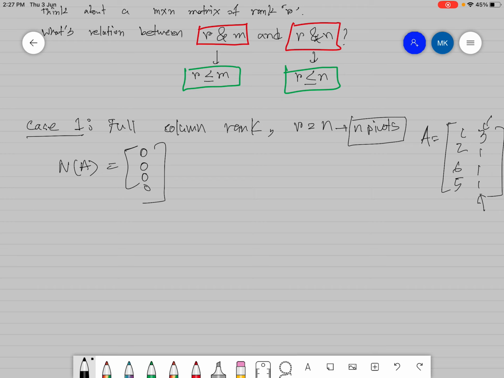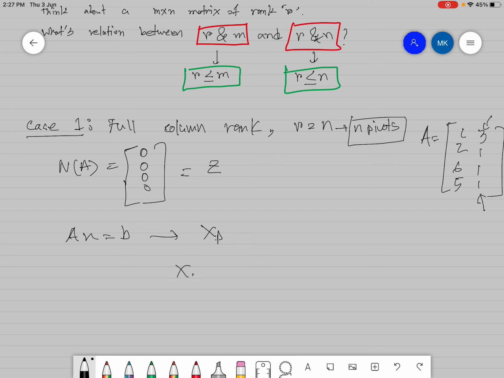Okay, so the size may be different, so this means the 0 vector. So the null space is basically empty, not empty, you'll have only the 0 vector, but let's say this is empty. So as the null space is empty, for the solution of Ax equals to b, you will have only xp, right?